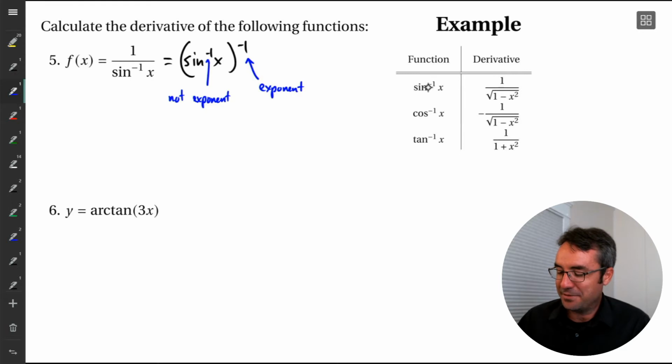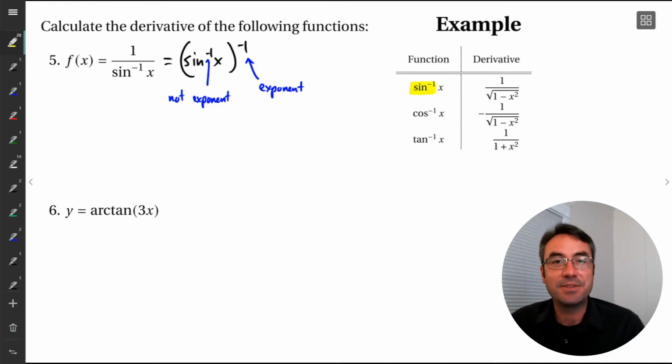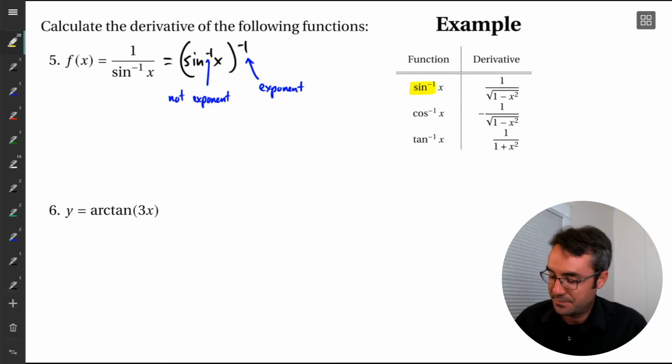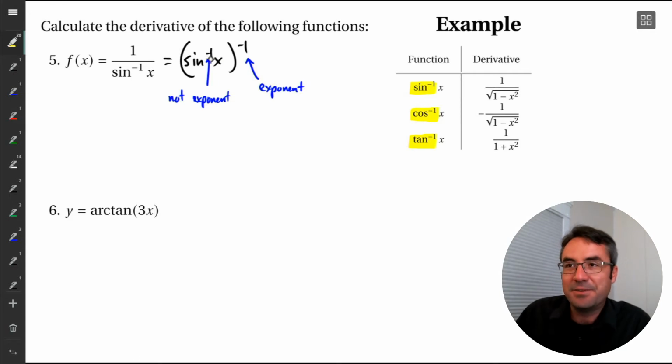So when we have these inverse trig functions, read the -1 as just being part of the name of the function. That's the name of this function, inverse sine. Here's the name of inverse cosine, and here's inverse tangent. So even though the -1 looks like an exponent, it's not. It's just part of the name. It's inverse sine of x, all raised to the -1 power.